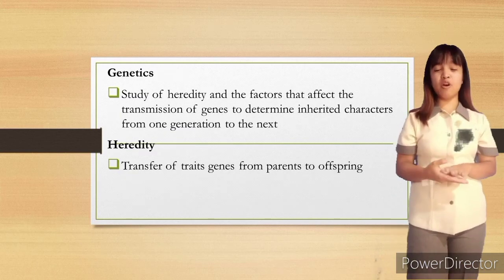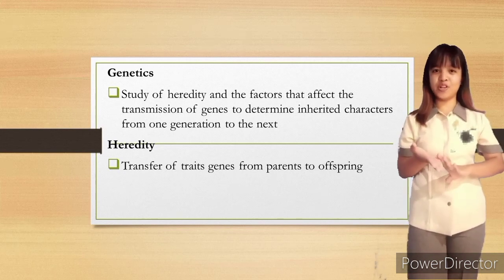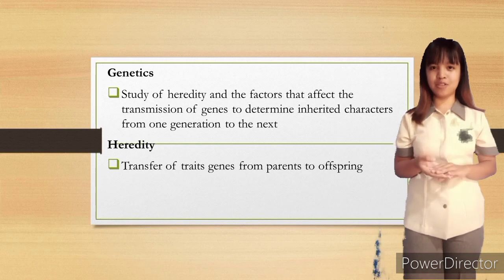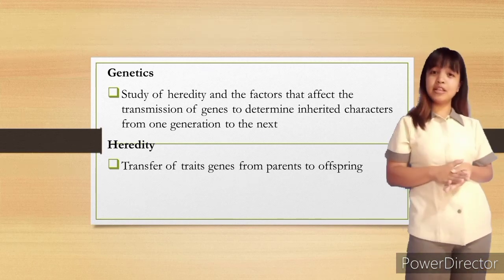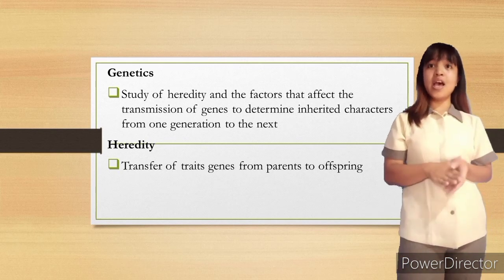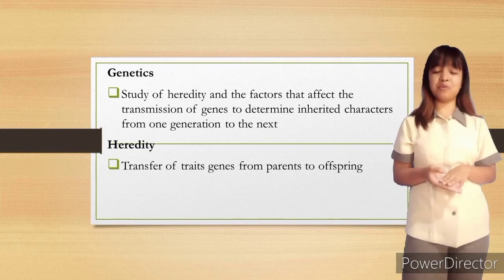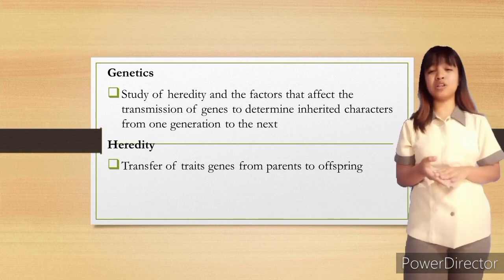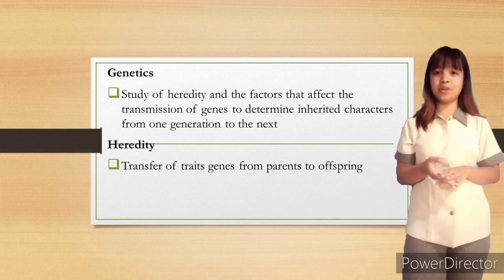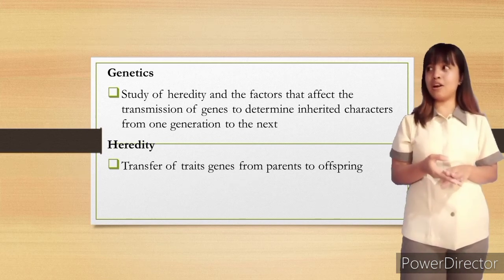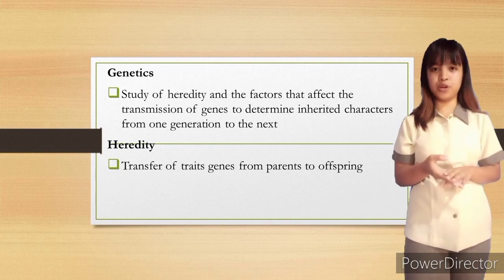From his study of garden peas, a new branch of science was discovered, and it was called genetics. So, what is genetics? Genetics is the study of heredity and the factors that affect the transmission of genes to determine inherited characteristics from one generation to another. On the other hand, heredity refers to the traits that are transferred from the parents to the offspring.